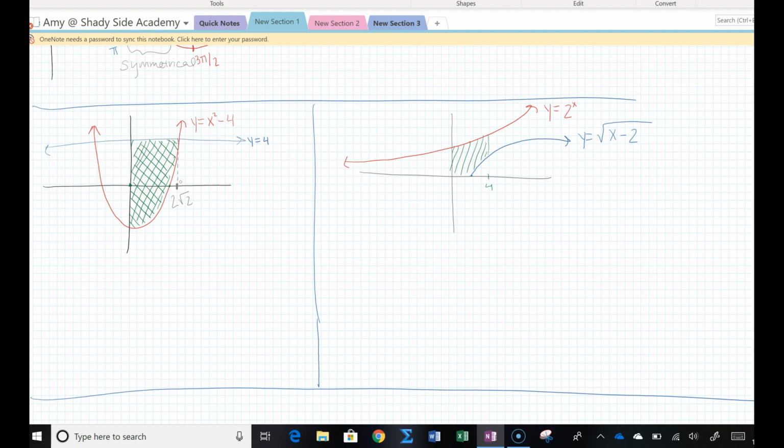But the answer here is still the integral from 0 to root 8 of 4 minus the quantity x squared minus 4 dx. That is the correct answer. But Oliver's point is, if you break this up, this alone is, yes, this right here. Look.